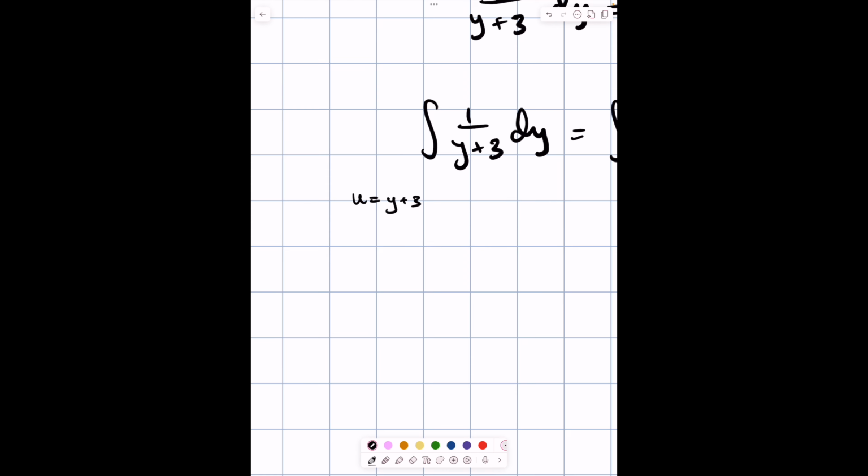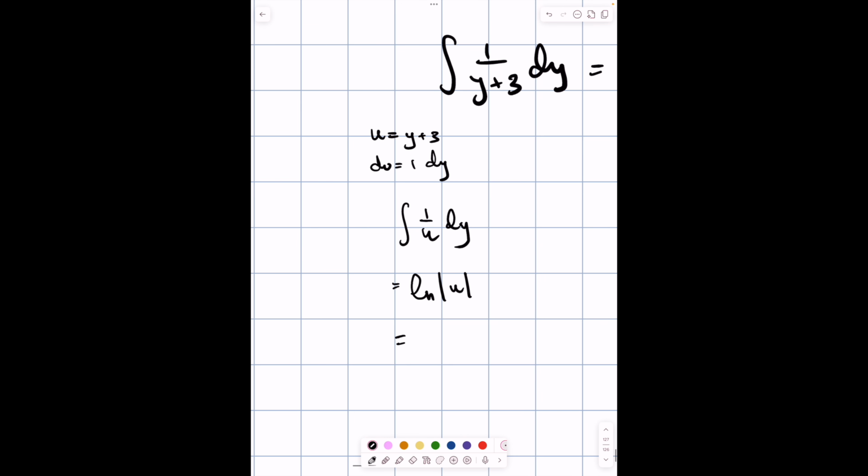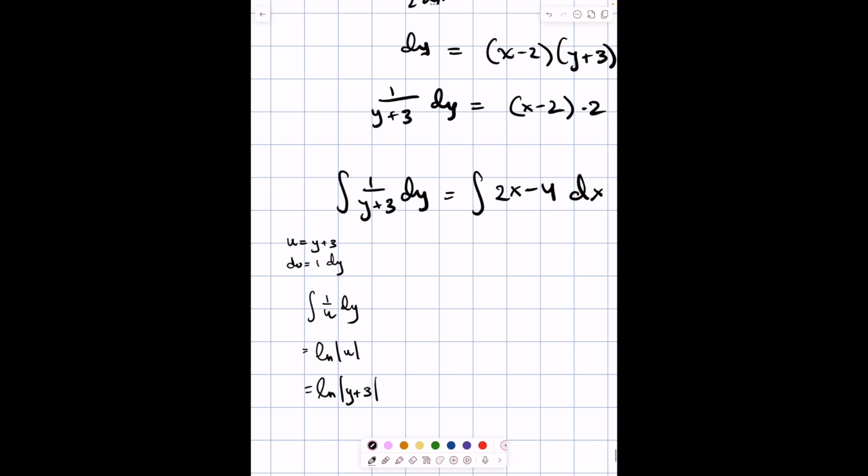So u is y plus 3, then du is 1 dy. And so 1 over u du. Then this is just ln of u, which is ln of y plus 3. This is the answer for the first side.